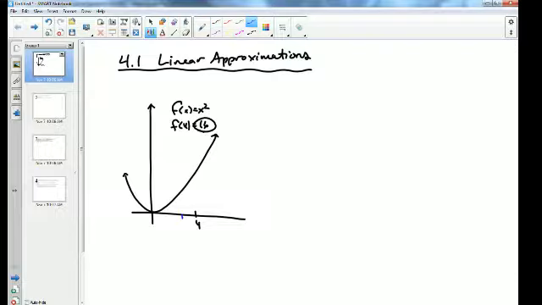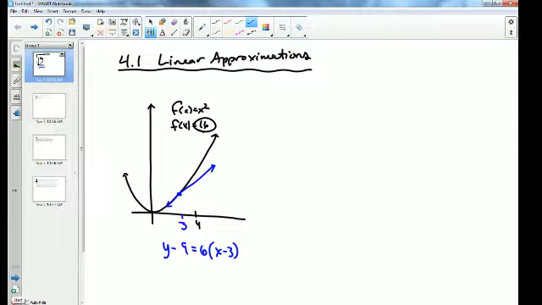Basically, we would say calculate the equation of a tangent line at 3. What's the equation of the tangent line at 3? The derivative is 2x, at 3 that's 2 times 3 is 6, right? X value and then your y value.